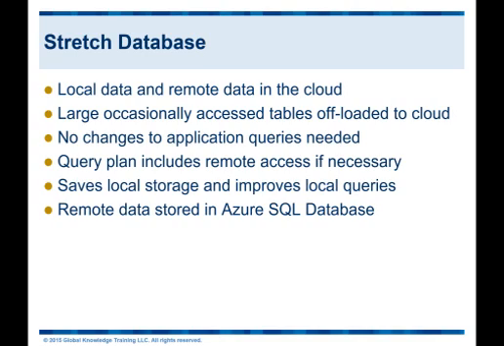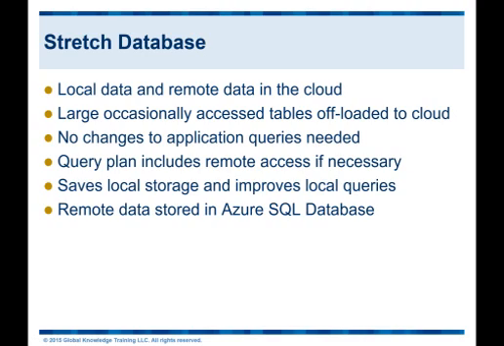It's actually a database that has a local set of data and a remote set of data hosted in SQL database in Azure, so the Azure SQL database. Now, in CTP2, you identify tables that you want to stretch to the cloud, and at the moment, the whole table stretches to the cloud.